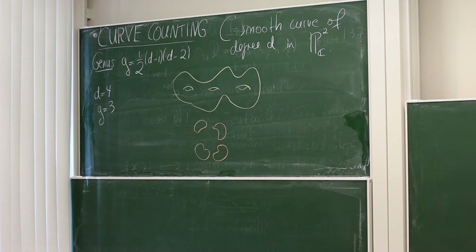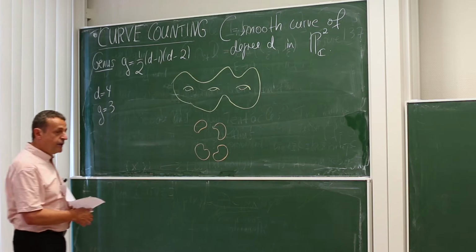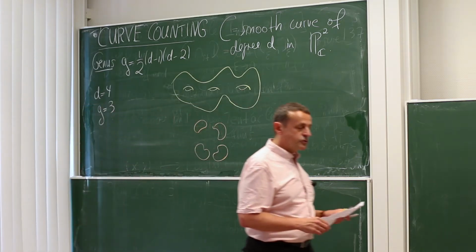So this orange picture is the real part, a typical real curve. So there's the complex picture in yellow, there's the real picture in orange, and then to the right of it, let's draw the tropical picture.